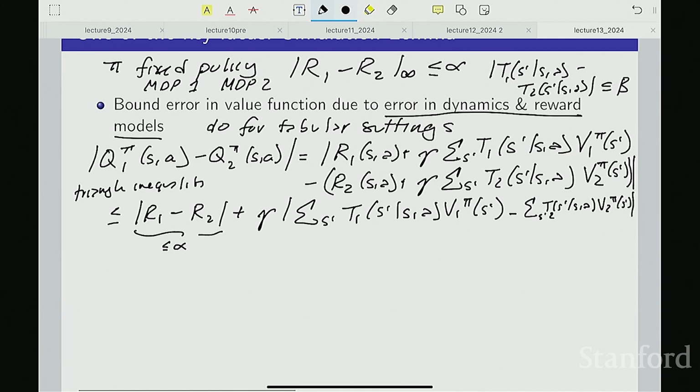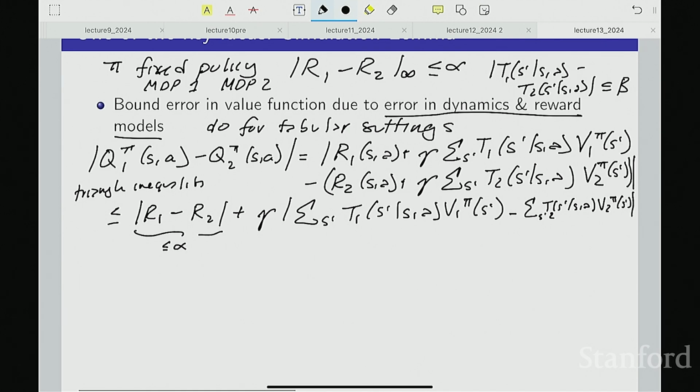Then we're going to do something that we often do in reinforcement learning, which is we add and subtract 0. Right now we have the dynamics model of one thing, the value under the dynamics model of model 1, and the value function of model 1. And so now we want to have some in-between terms so we can directly think about the difference in the value functions under one particular dynamics model and the difference of the dynamics model separately.